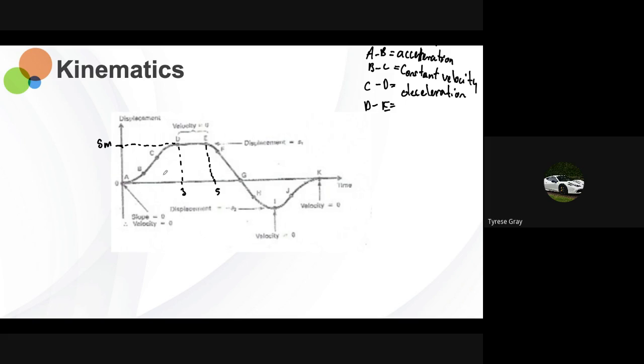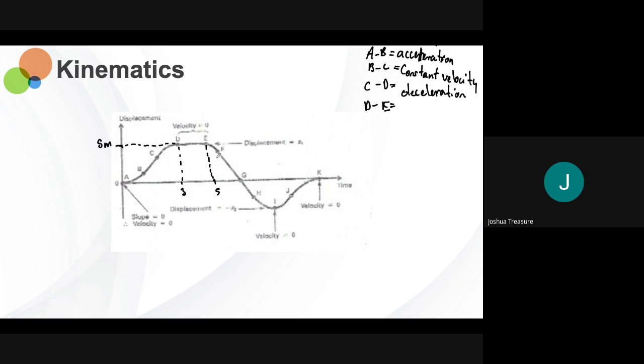Constant acceleration? No, because it was decelerating at C to D. We said deceleration for C to D. No, for D to E, and it's at 5 meters here. Is it moving from 5 meters as the time changes? No, sir. So what is the object doing? Is it moving or not moving? Not moving.